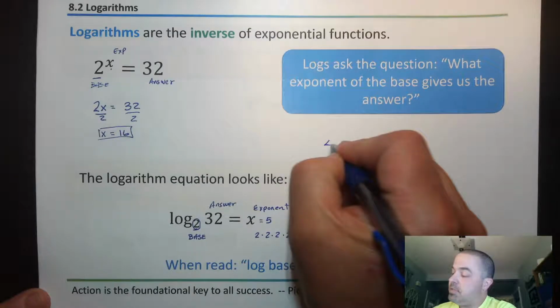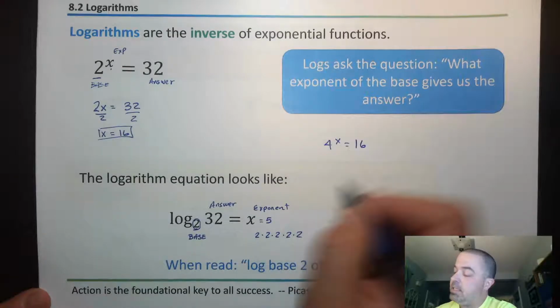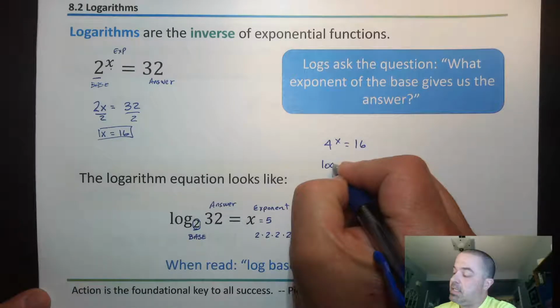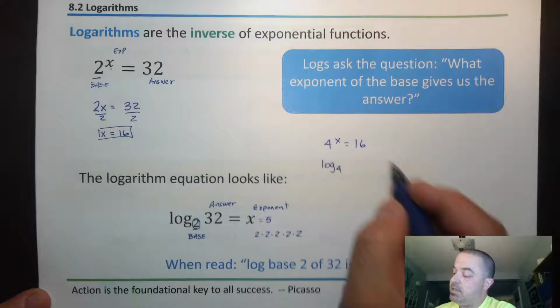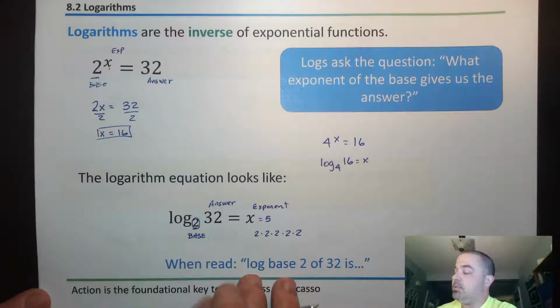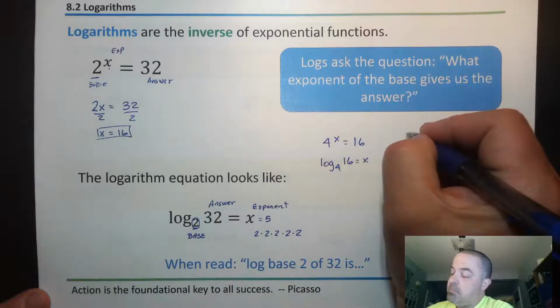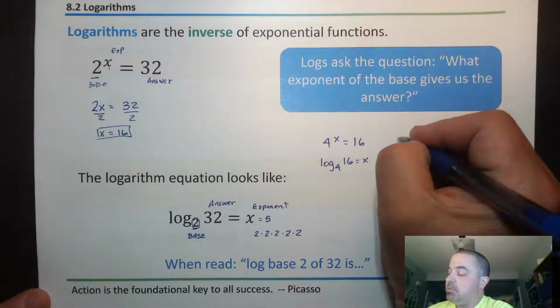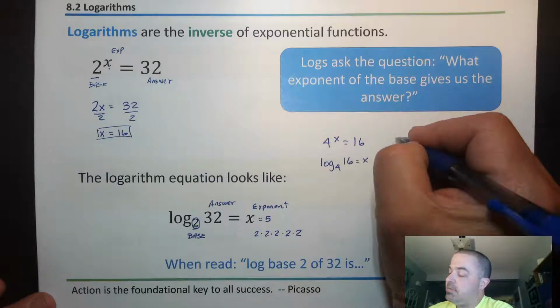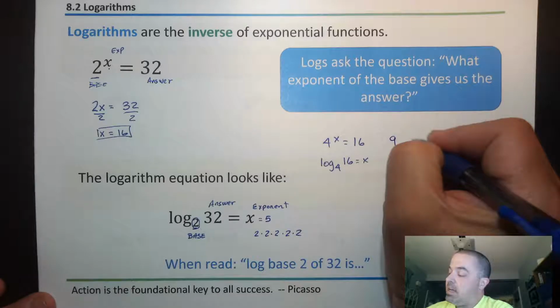So 4 to the x is equal to 16. If I want to write that in log form, that's going to be log base 4, it's a subscript, of the answer, 16, is equal to x. Don't let it fool you. It's really not difficult. So 9 to the x is equal to 343.